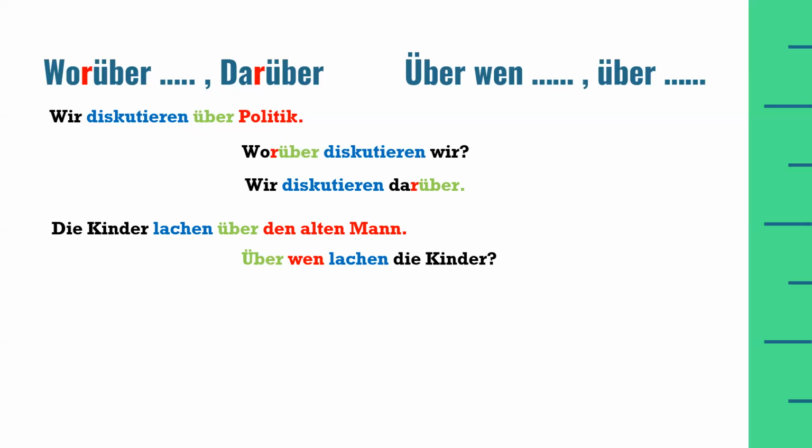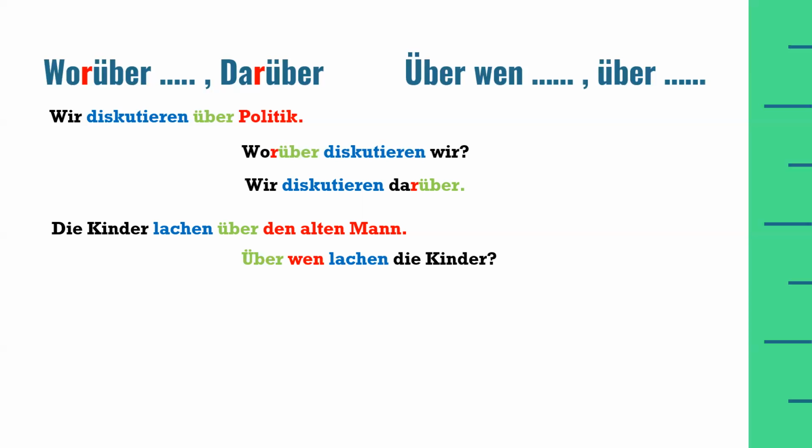Über wen lachen die Kinder? Since the kids are laughing at a living person, therefore we have to use über wen, and since über is an accusative preposition, therefore the next question word will be wen, and it will not be wem.